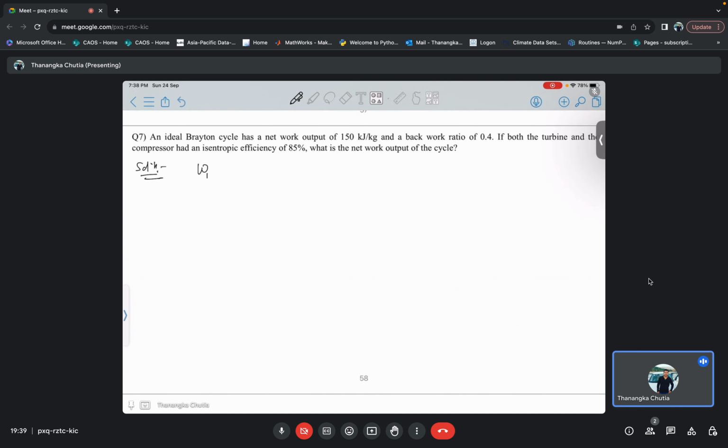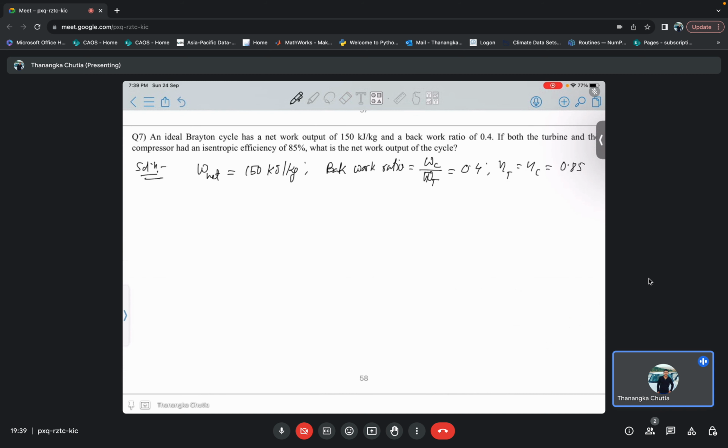so what is given to us: W net is equal to 150 kilojoule per kg. Okay, back work ratio, that is WC divided by WT, is equal to 0.4, and eta turbine is equal to eta compressor is equal to 0.85.